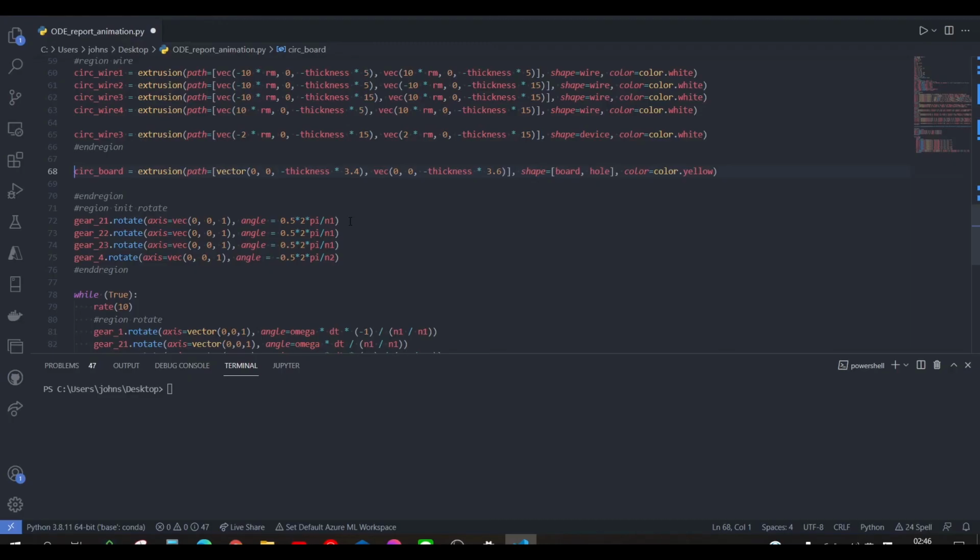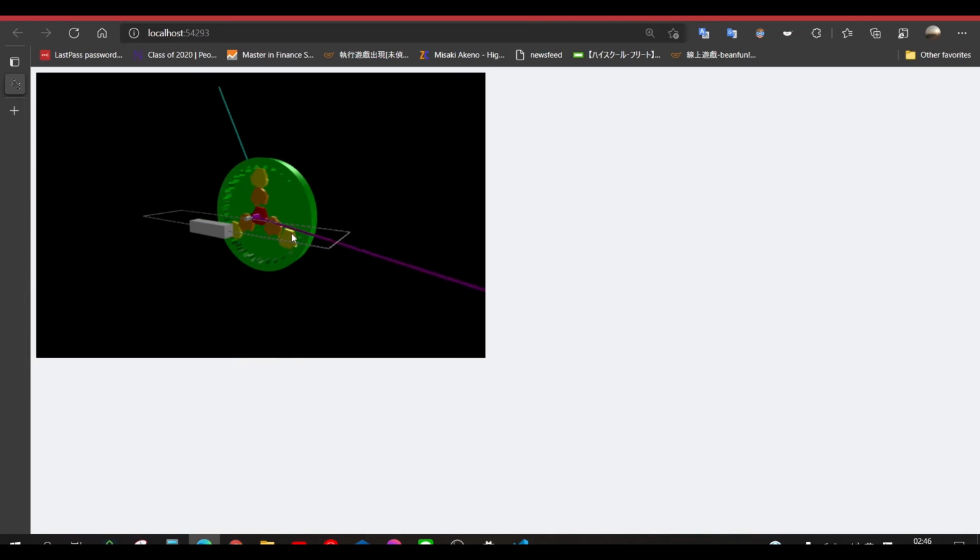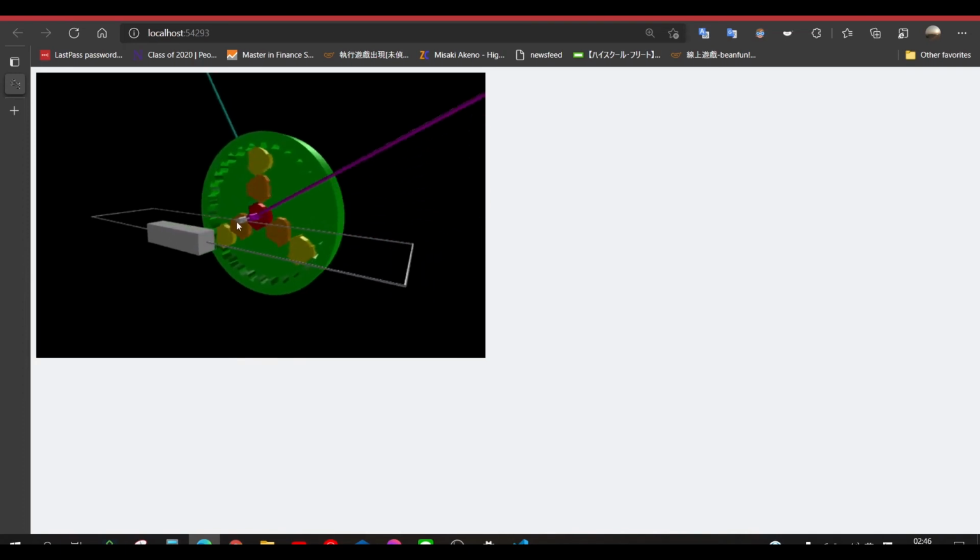Now we remove the board to see the detailed structure of the model. The axis of the minute hand is embedded in the green internal gear, and that of the second hand is embedded in the red gear.